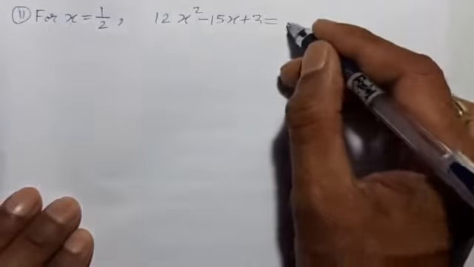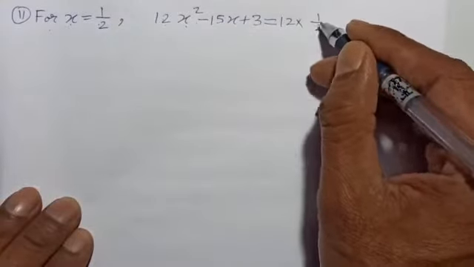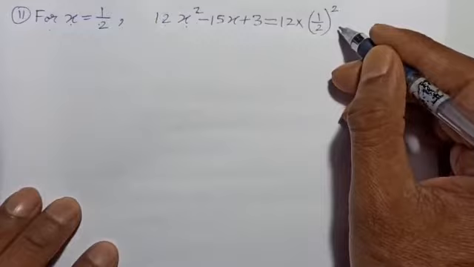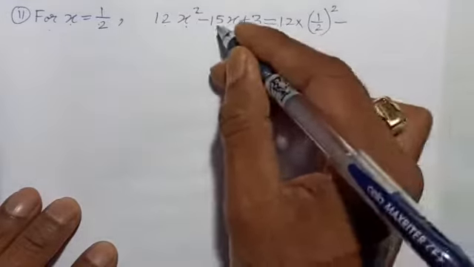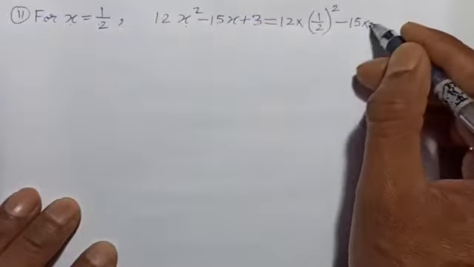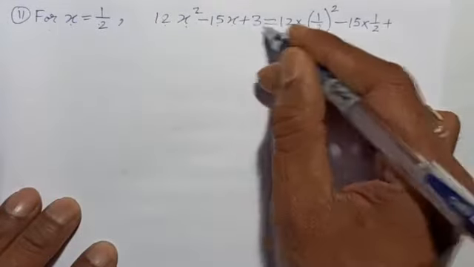Now 12 into x, which is now 1 by 2, then here is power 2, so keep power 2, minus 15 into x which is 1 by 2, plus next is 3.